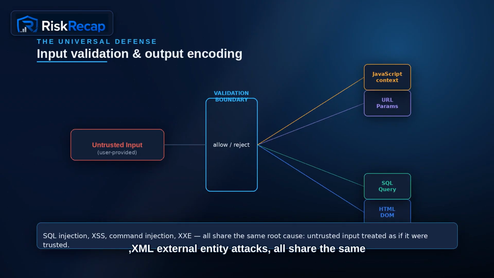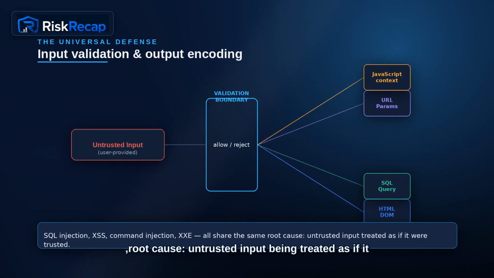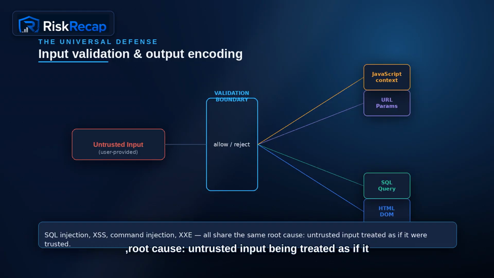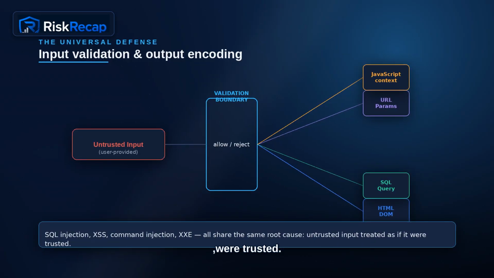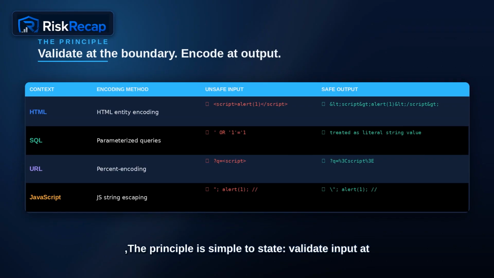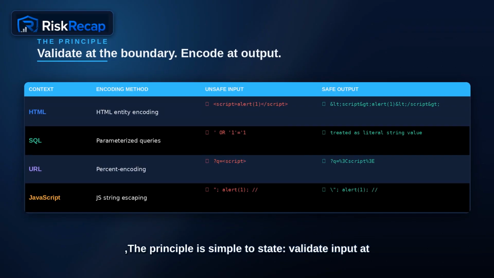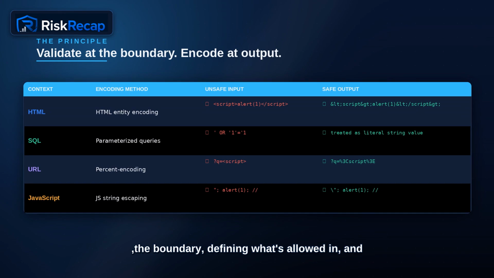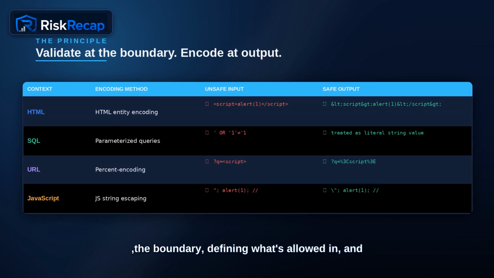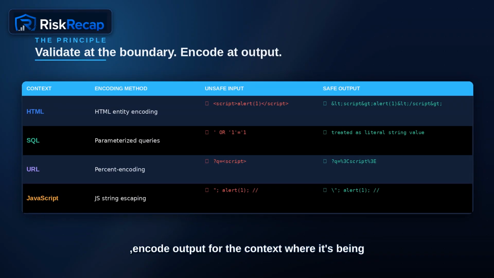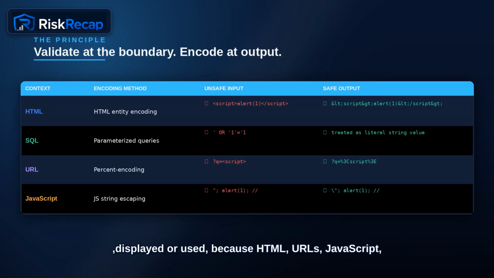The principle is simple to state: validate input at the boundary, defining what's allowed in, and encode output for the context where it's being displayed or used, because HTML, URLs, JavaScript, and SQL all require different encoding.